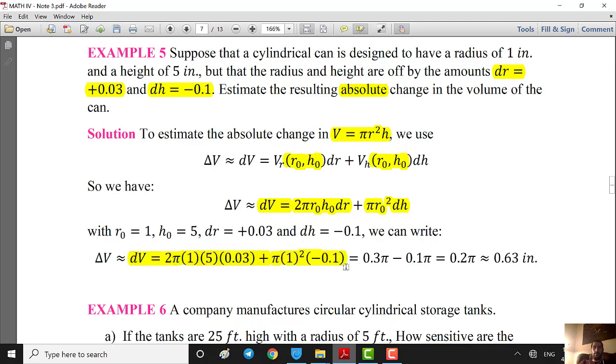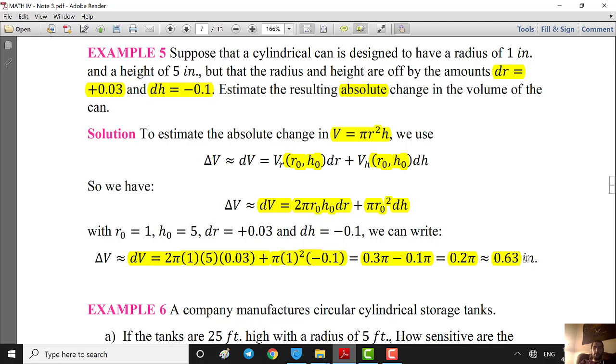And that, if you do the calculations, is equal to 2 times 5, 10 times 0.03 means 0.3 pi, minus 0.1 pi, and that is equal to 0.2 pi, and 0.2 pi, by considering pi to be equal to 3.14, is 0.63 inches to the 3.